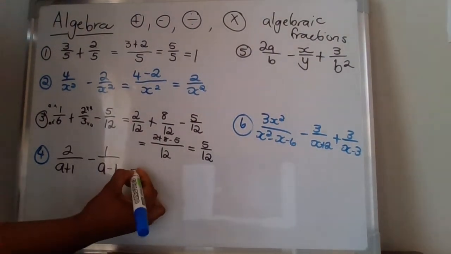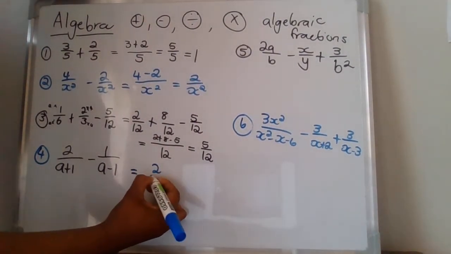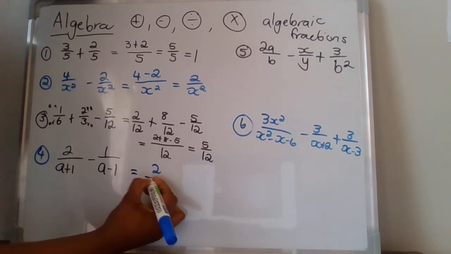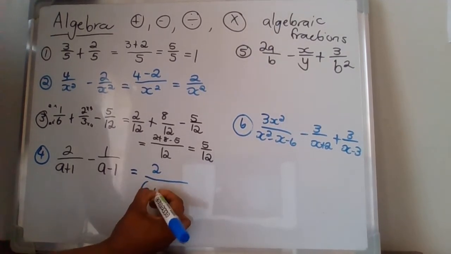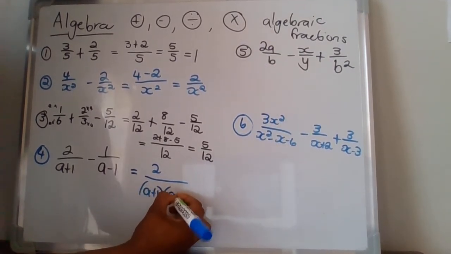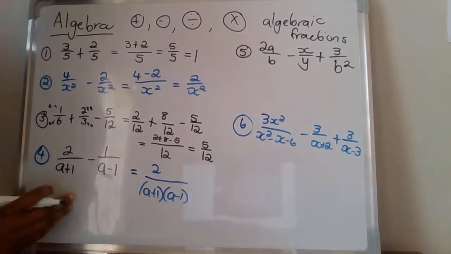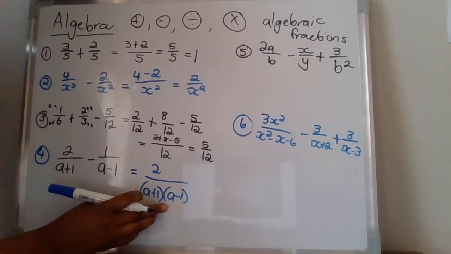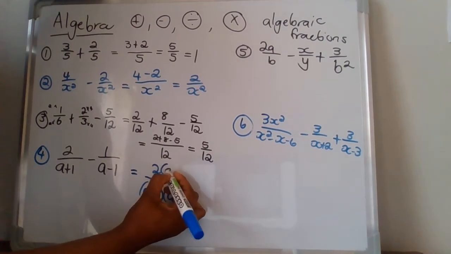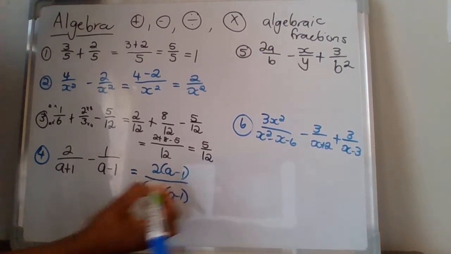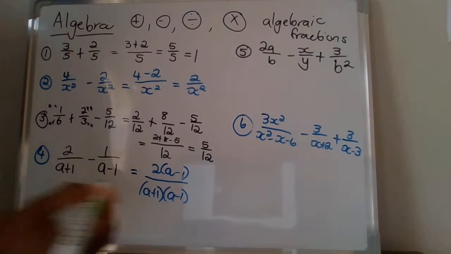All right, so then I have 2 over, if it's a plus 1 over a minus 1, then what did I do to the denominator? I multiplied it by a minus 1, which means I need to multiply the 2 by also a minus 1.